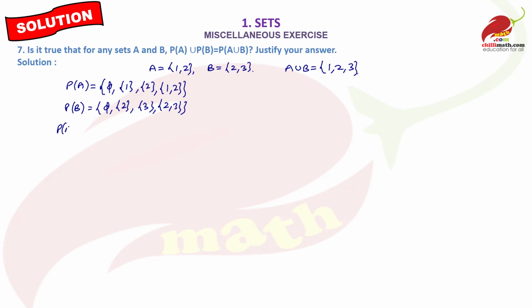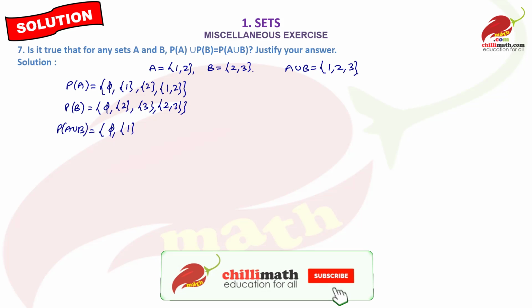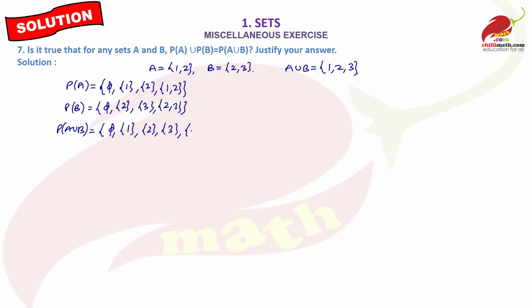And the power set of A union B is equal to {∅, {1}, {2}, {3}, {1, 2}, {2, 3}, {1, 3} and {1, 2, 3}}. Now PA union PB. On the left hand side we have PA union PB.